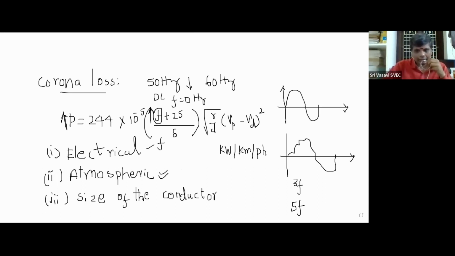If you compare normal areas and hilly areas, in the hilly areas the corona loss is very high because it depends upon the air density factor delta, that is 3.92 b/(273 + t).